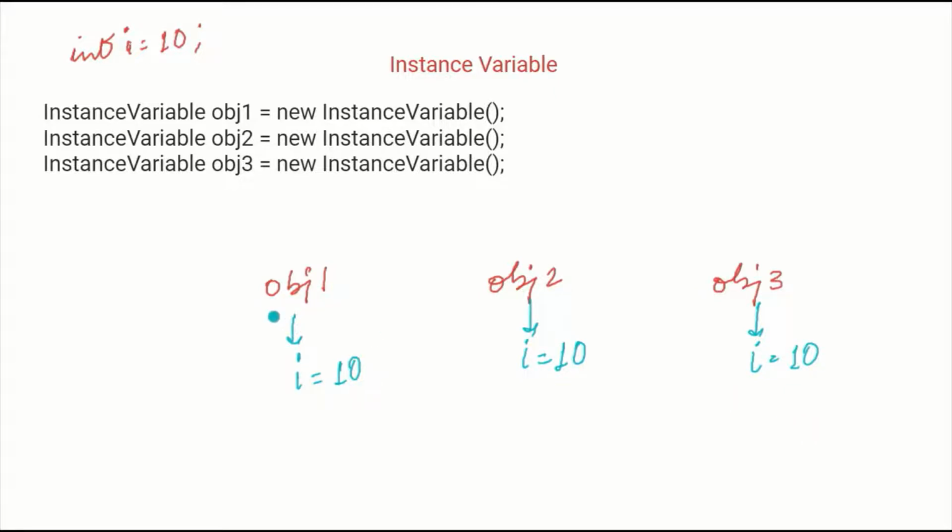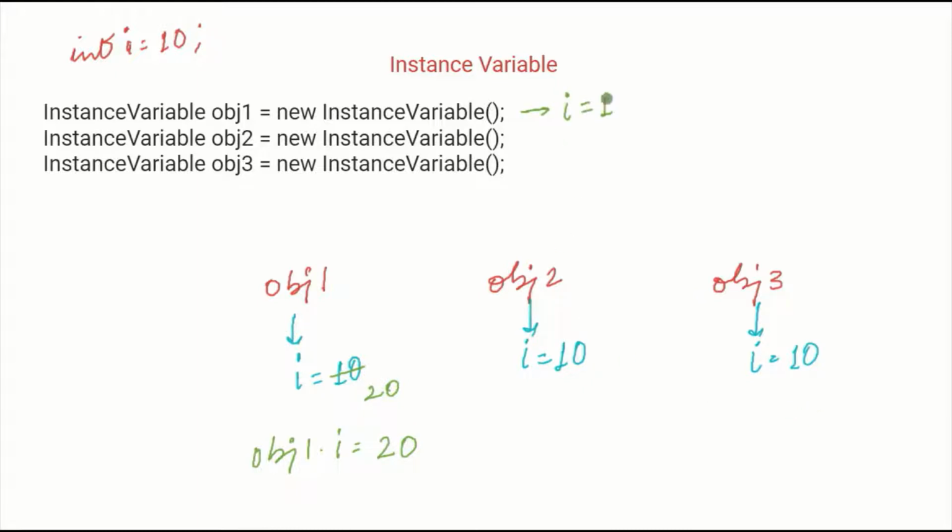Now, if obj1 is trying to change the value of variable I from 10 to 20, this value will be changed only for obj1. It won't be changed for obj2 and obj3, because this is for each and every instance.